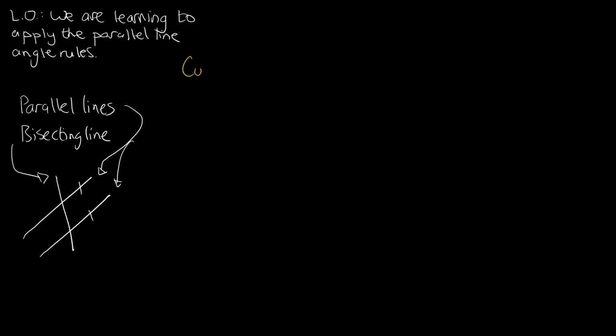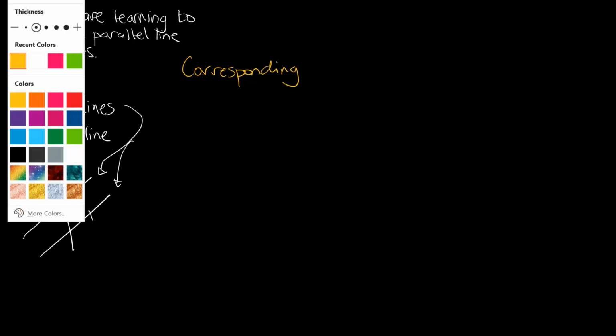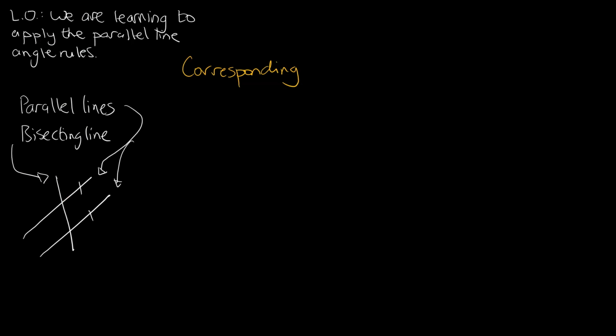So the first one we're going to chat about is corresponding. And I'm going to be changing pen colors quite a bit in this video. We're then going to move into co-interior. And finally, we're going to finish with alternate angles.